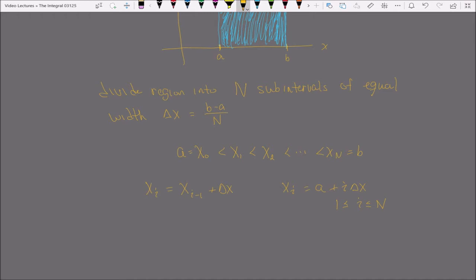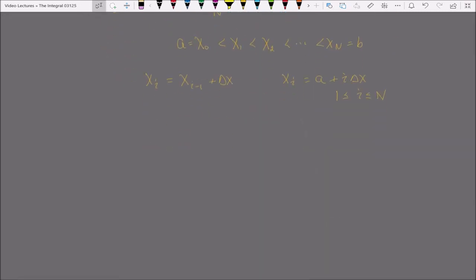This choice of points is called a partition. And we will now formally define a partition.